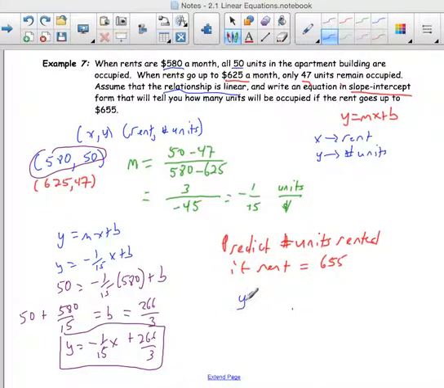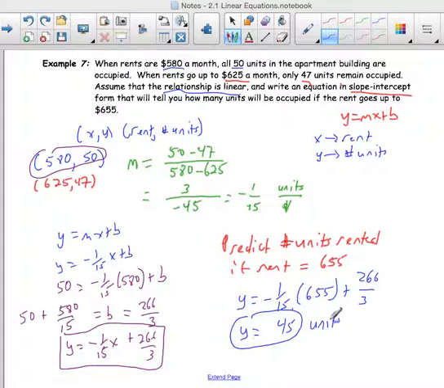So we're going to get y equals negative 1/15 times 655 plus 266 over 3. And if we simplify that, this turns out to be 45. And that's our answer. So 45 units rented with a rent of $655.